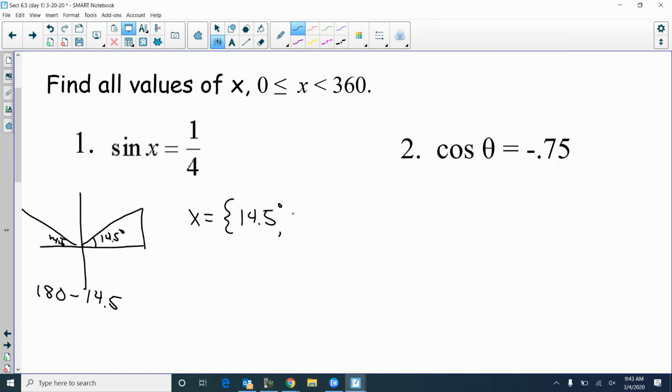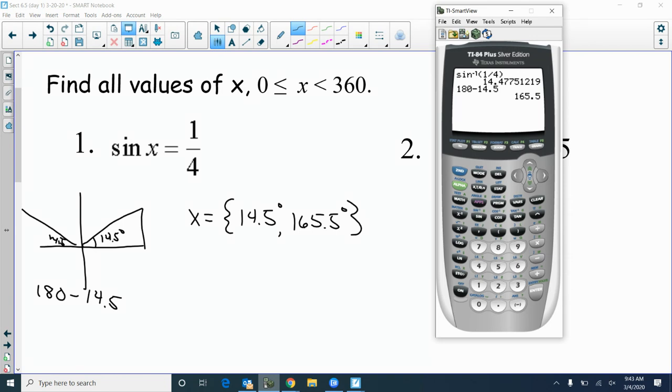So you do have two answers, 165.5 degrees. If you want to double check it, hit sine of 165.5. Obviously it's not going to be exactly 0.25 because we rounded, but it's close enough, so you know you got that.